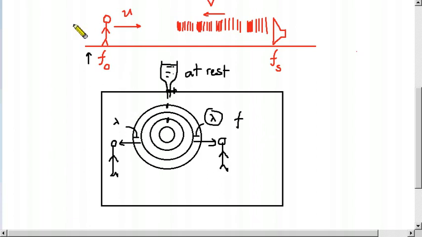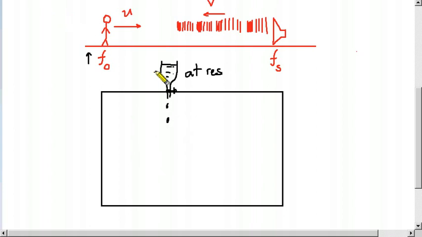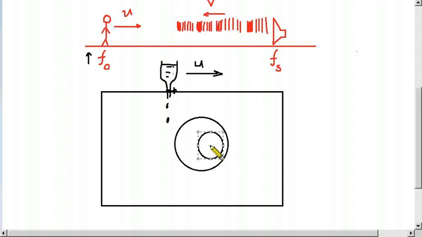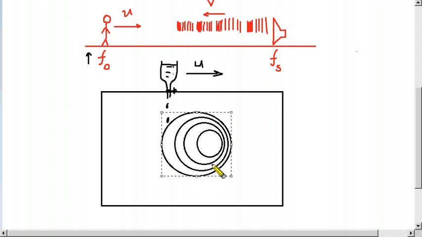But if we move this burette to the right with a velocity u, holding it and moving it to the right, we see the wave fronts appear on the water surface of this tank like this. These wave fronts are packed at the front and loosened at the rear.